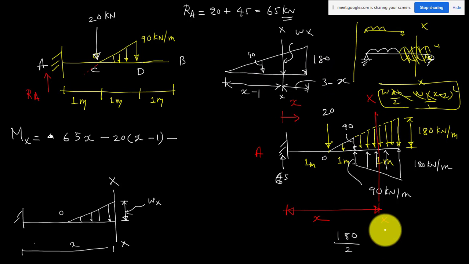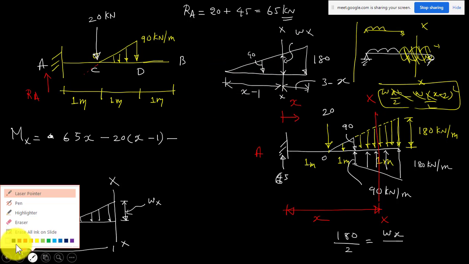180 by 2 is equal to, okay, so this intensity I want to find, that is Wx I am taking, divided by this length. So 180 by total length 2, the slope, equals Wx by this length, x minus 1.